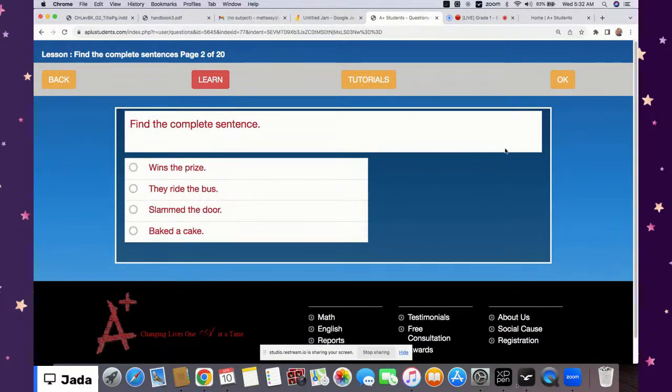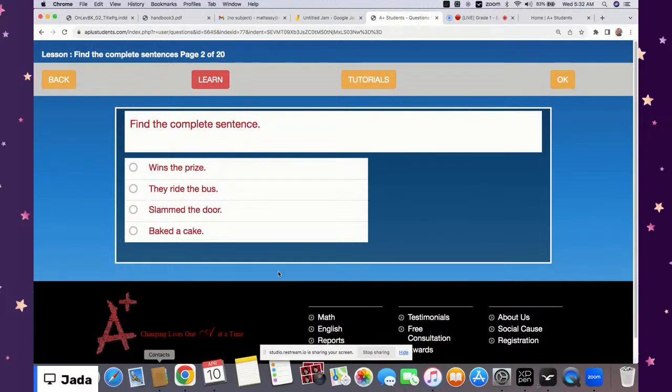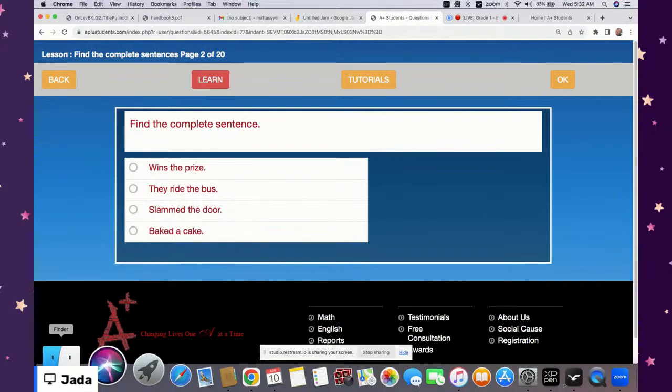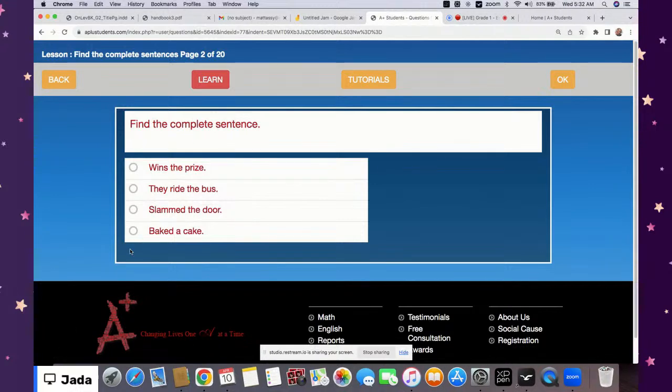Now we have wins the prize, they ride the bus, slammed the door, baked a cake. What's the action part here? Wins the prize, they ride the bus, slammed the door, baked a cake. What's the answer here?